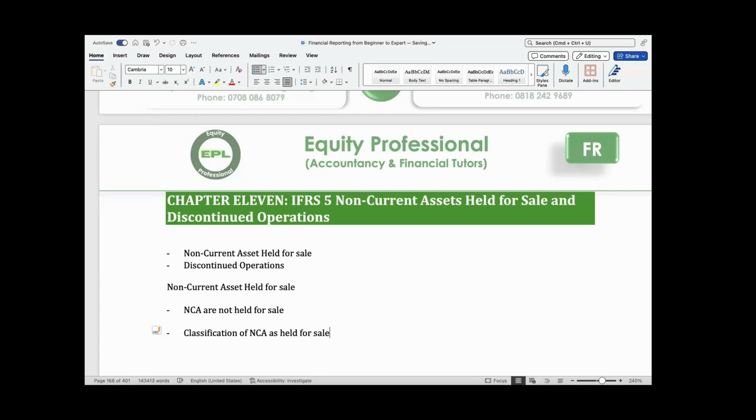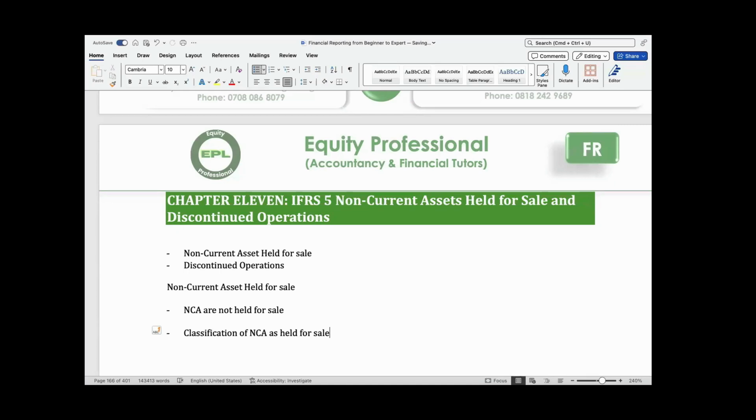Because non-current assets should not be held for sale, what would have happened? What are the conditions that must be met before you can say, okay, I want to hold these non-current assets for sale?